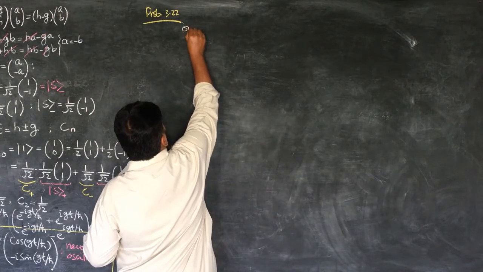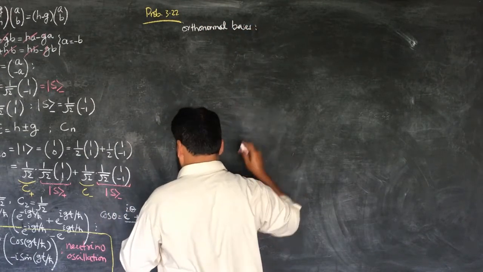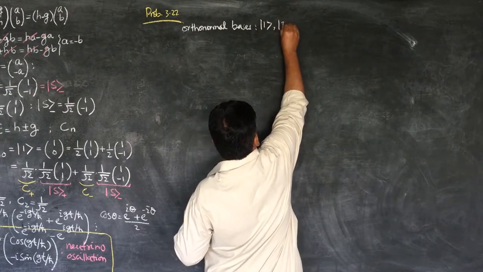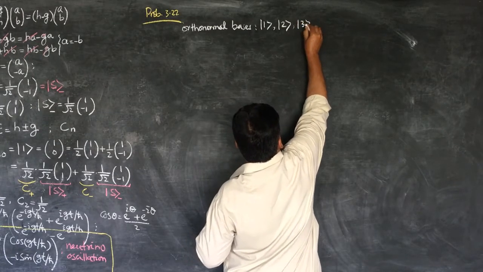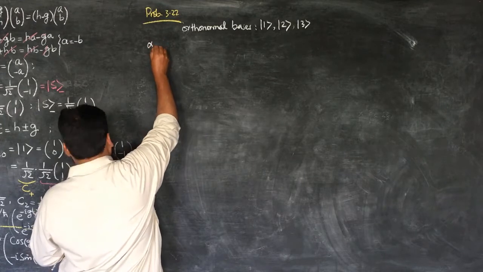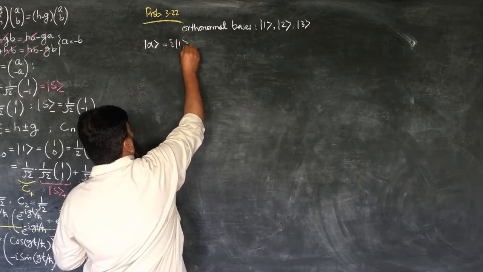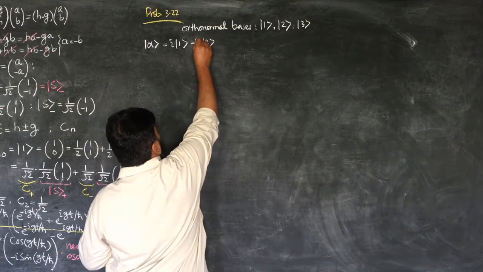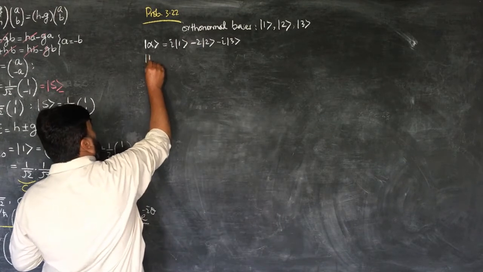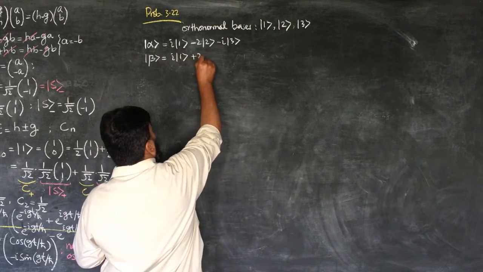So the orthonormal bases are |1>, |2>, |3>, such that their linear combinations are given in terms of alpha, and this is equal to i|1> minus 2|2> and minus i|3>, and beta is equal to i|1> and 2|3>.